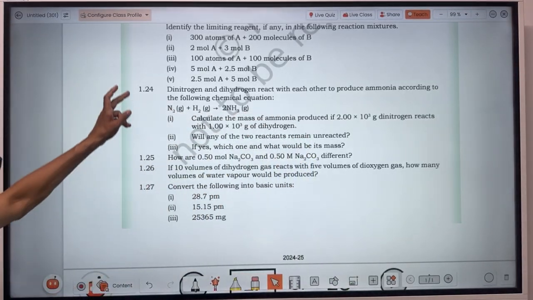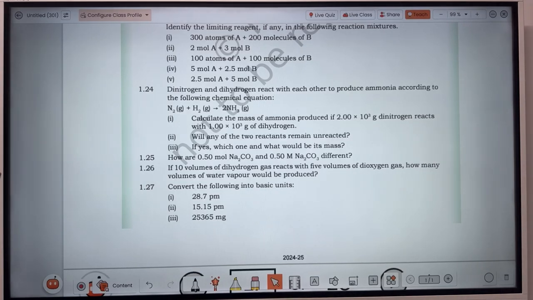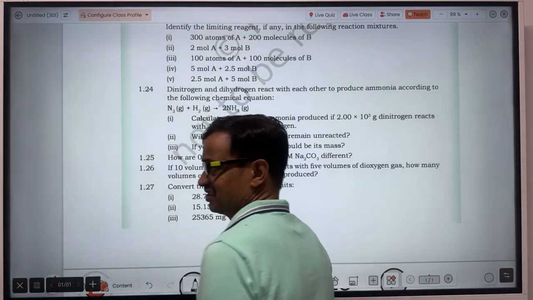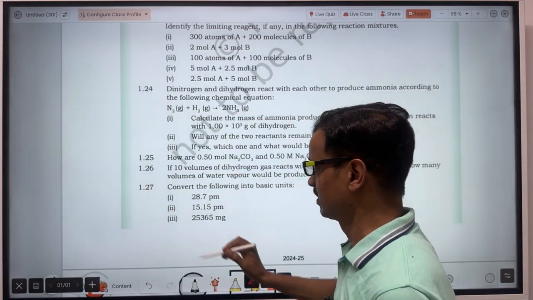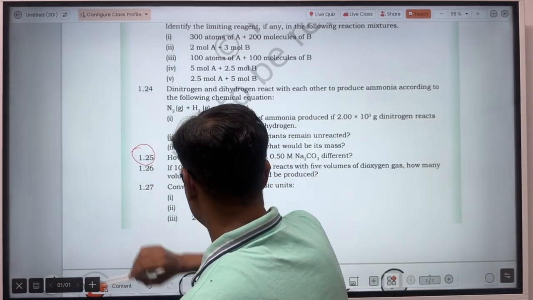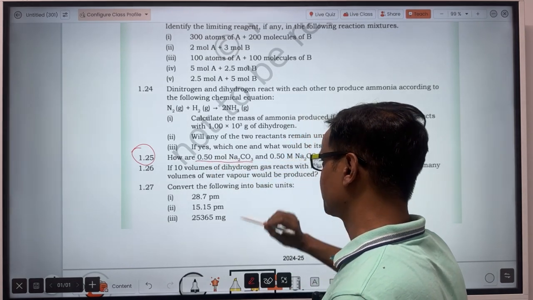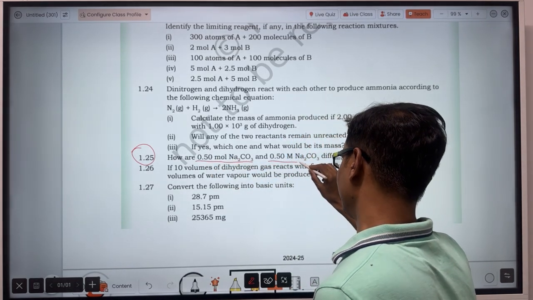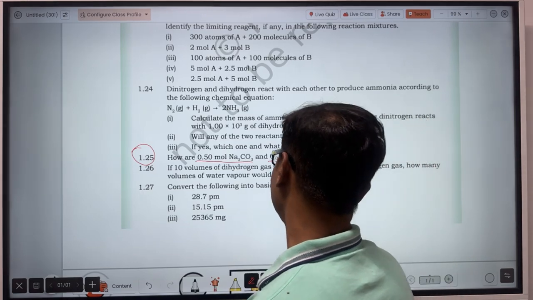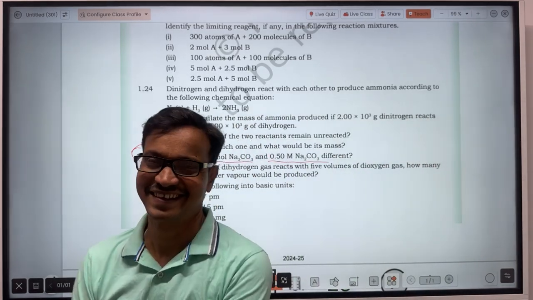In the last class, we discussed question number 1.24. From 1.25 onwards, now we discuss. 1.25 is asking how are 0.5 mole Na2CO3 and 0.5 molar Na2CO3 different.